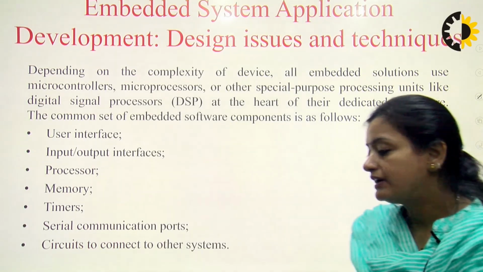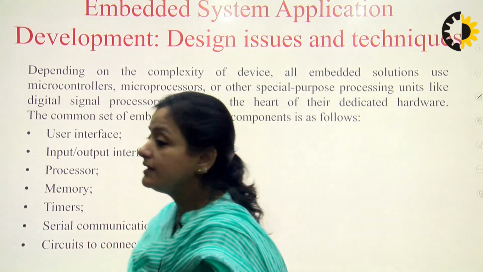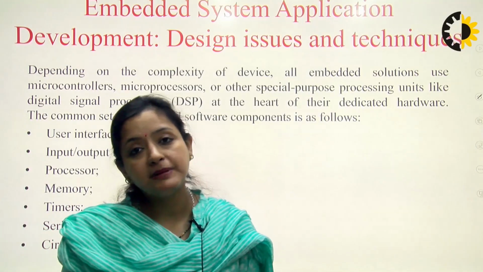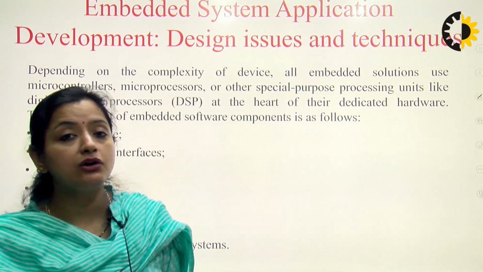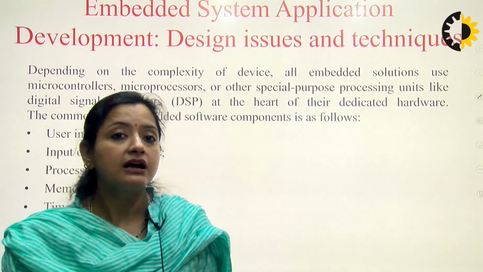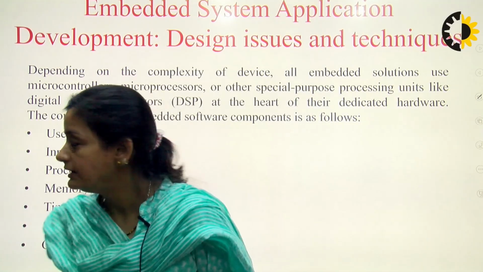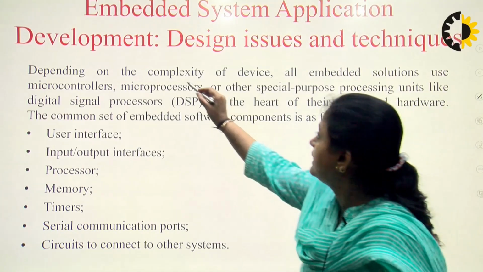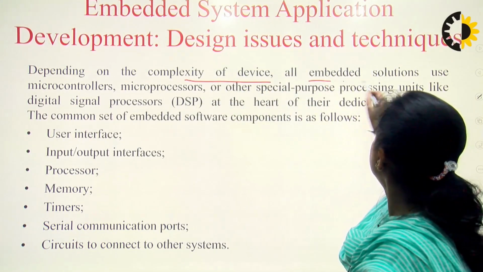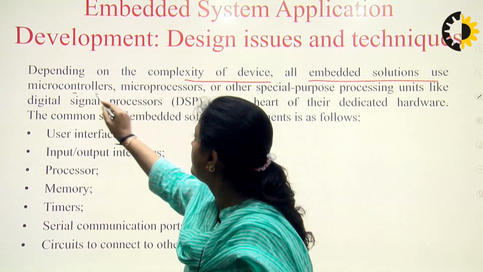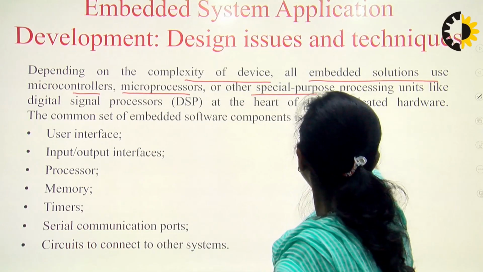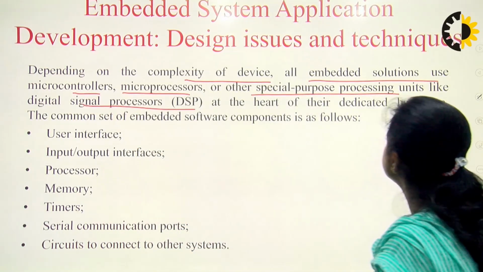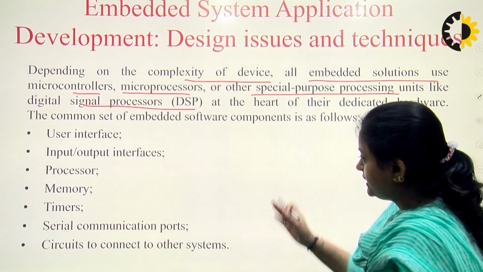So before moving further, we need to understand what the basic components of an embedded system are. Because unless we understand the basic components of an embedded system, we will not have clarity about what kind of design issues there can be. Depending upon the complexity of the device which you are going to build, all embedded solutions use microcontrollers, microprocessors, other special purpose processing units like DSPs, digital signal processors, and various components.